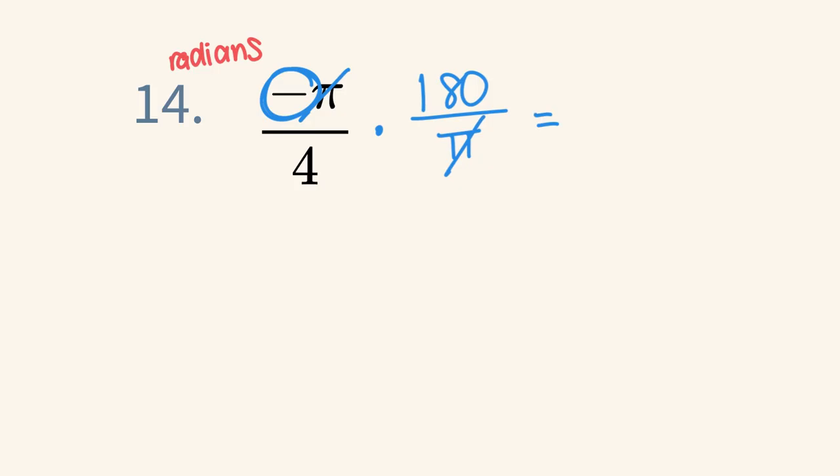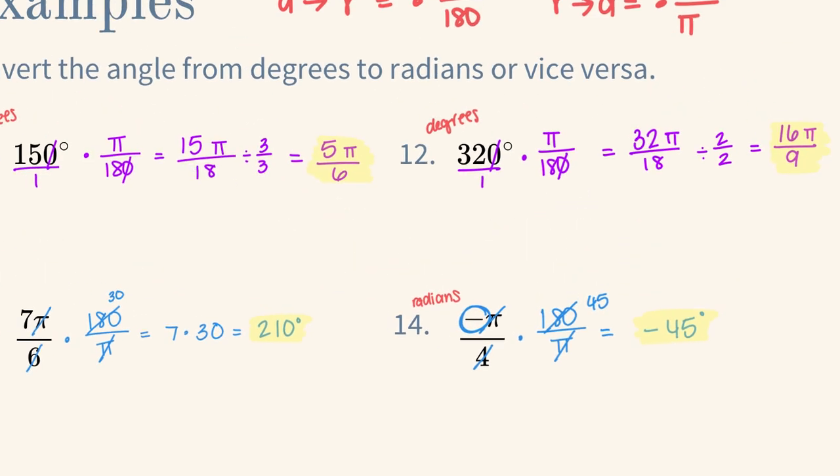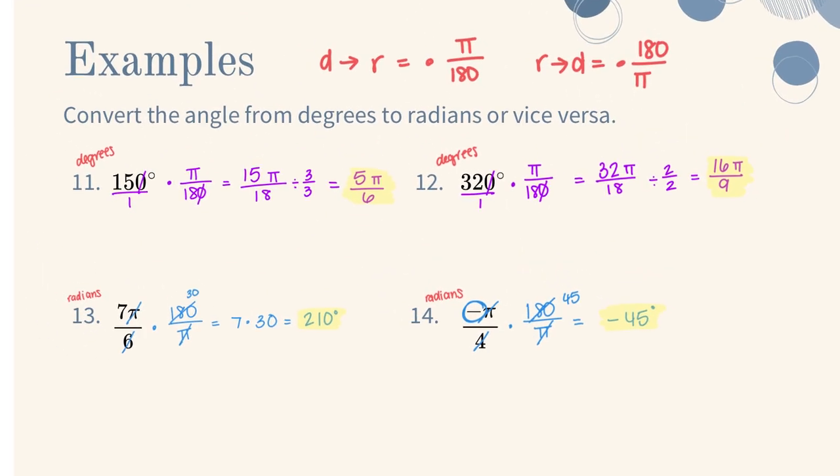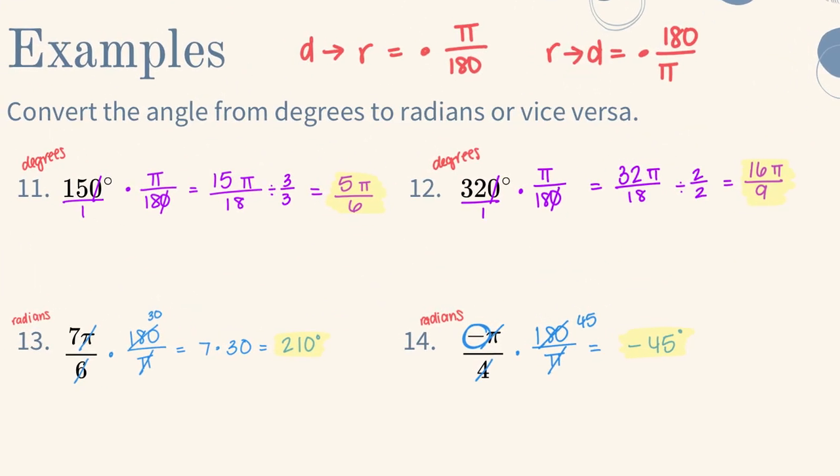Yeah, I can, using what number? 4. 4 goes into 180 how many times? 45. So all I have is negative 45 degrees, and that's my answer. Okay, so please make sure you know the difference between radians and degrees because you have to know the rules for them.